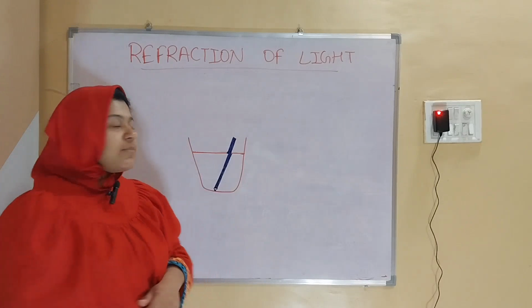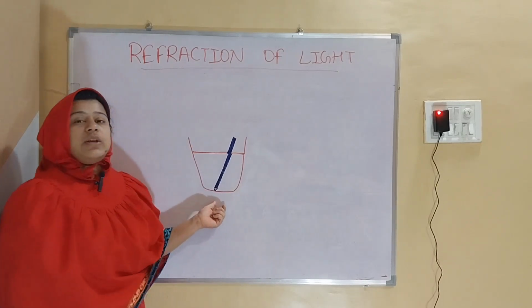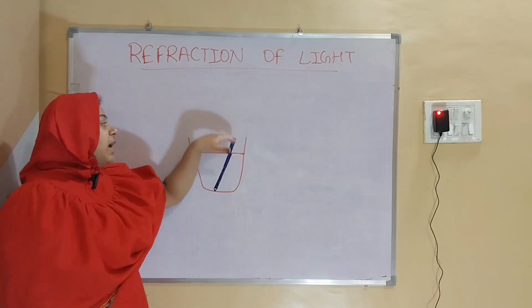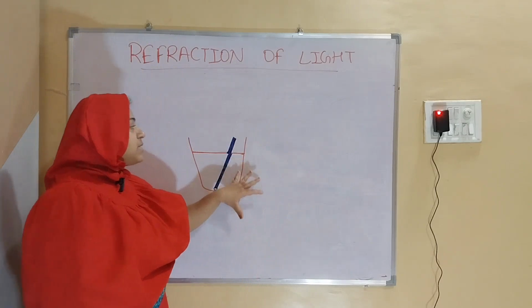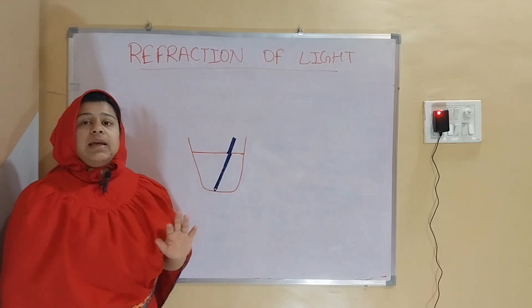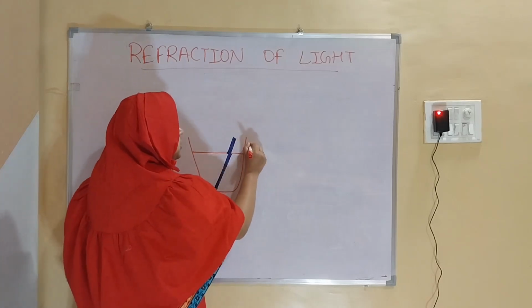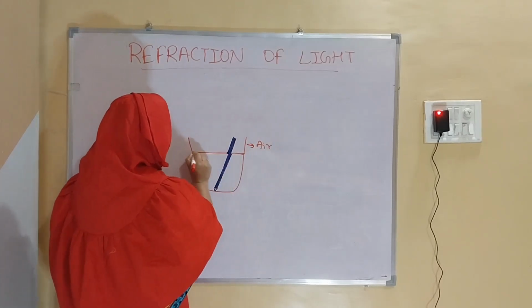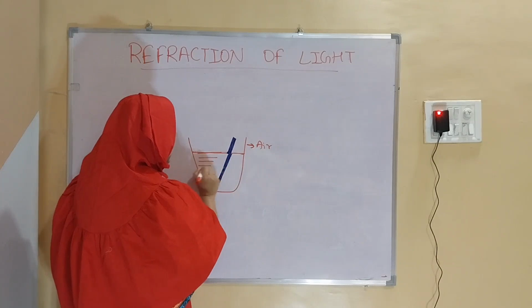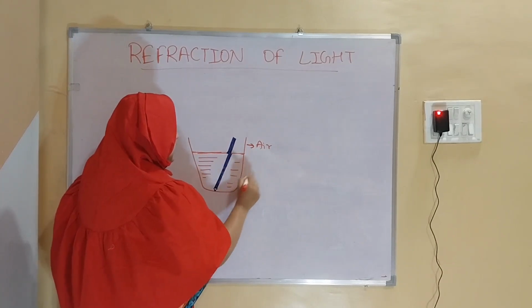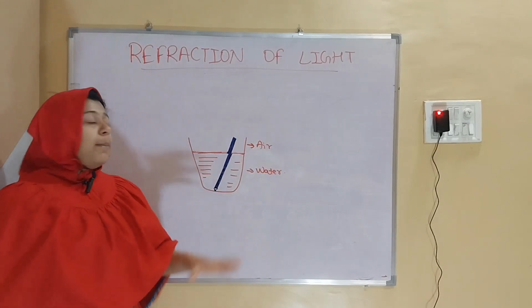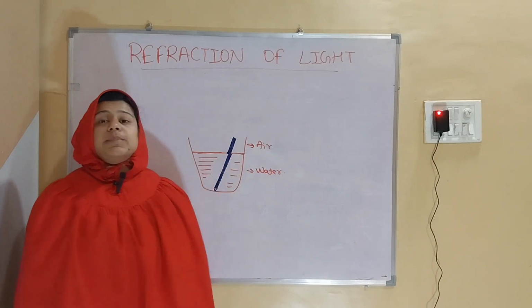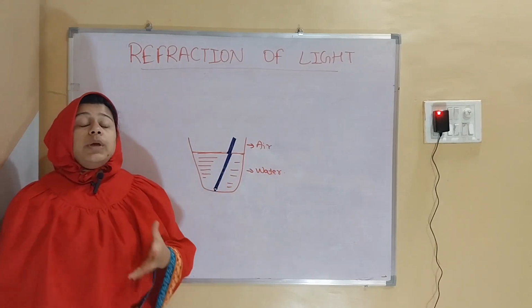So the first activity which we did was, we placed a pencil inside water, partly immersed in water and partly in air. So this portion is air and the water is filled partly in this glass. So the pencil is partially immersed in water. What did we observe?